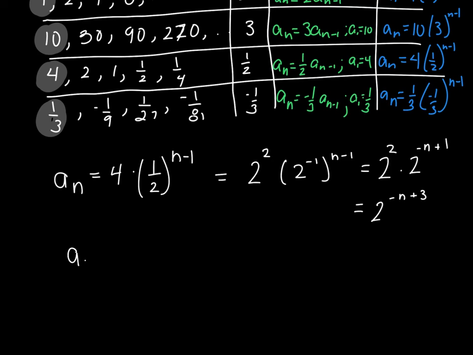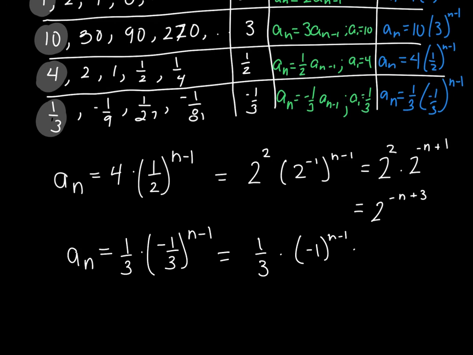The next one, a_n is equal to 1/3 times negative 1/3 to the n minus 1. Well, there's a little trick with this. I'm going to write this as 1/3 times negative 1 to the n minus 1 power times 1/3 to the n minus 1 power.